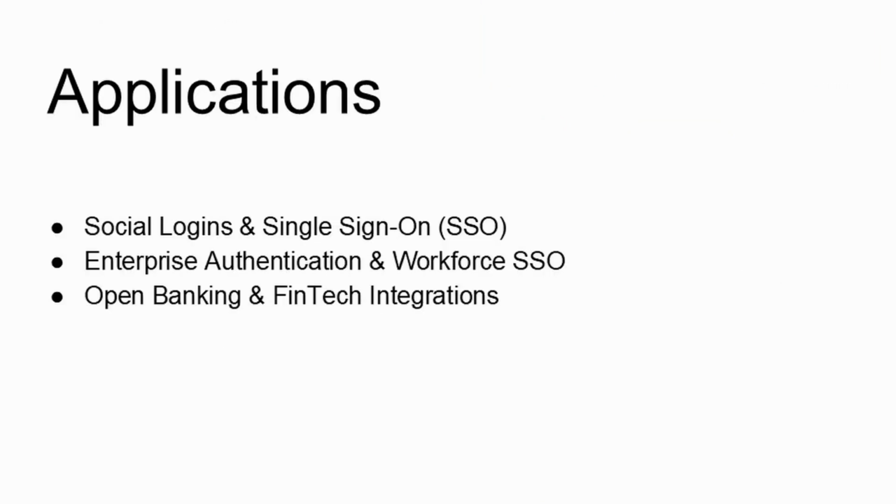Let us quickly go through all the applications that it has. So social logins and single sign-on, as we discussed until now: GitHub, LinkedIn, GitLab, or for example, Josh Intranet, Hono HR, the Hono platform, or Param AI. There are so many places where we use login with Google, which is single sign-on. Other than that, enterprise applications and workforce SSO.